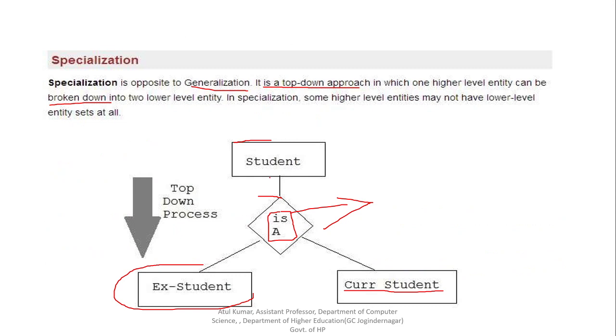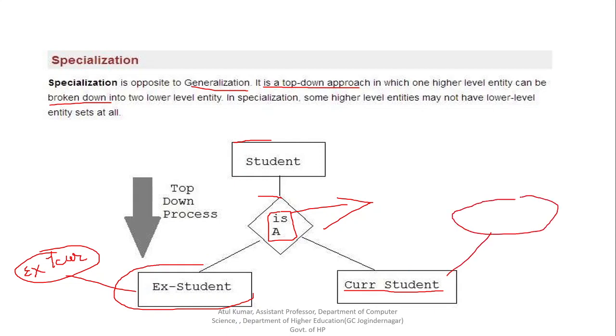Like in this diagram, we have a student entity, and we divide this student entity into EX student and current student if they have some unique attributes. So EX student has some unique attribute, we have EX year, for the sake of example, and here we have current year.